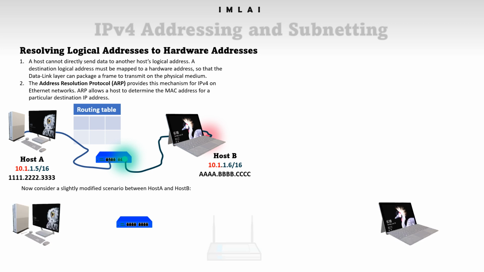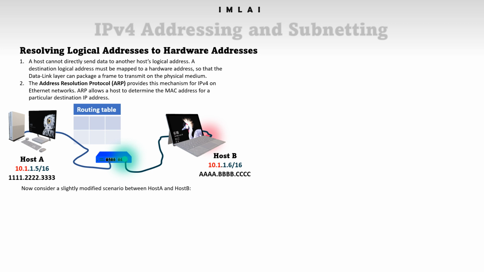Host A forwards this frame to the switch, which then forwards the frame to host B. This is how two host machines inside the same network initially communicate and make the confirmation and determination, then pass over the data to each other.